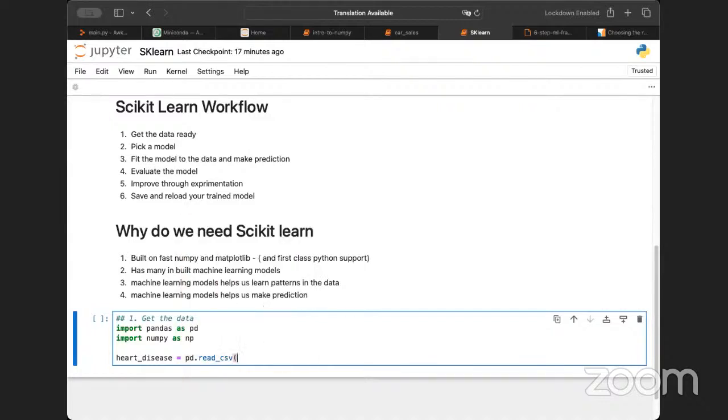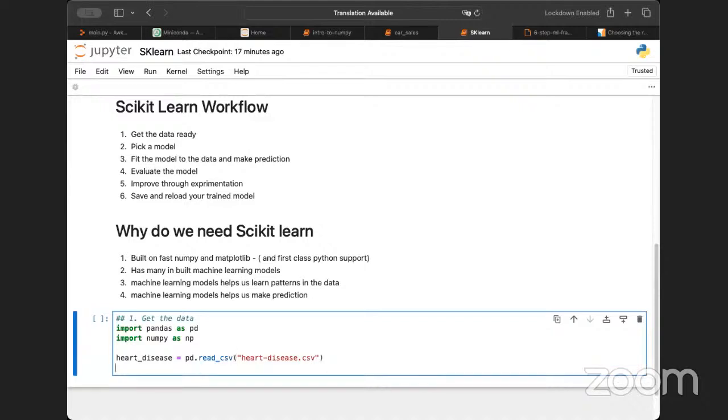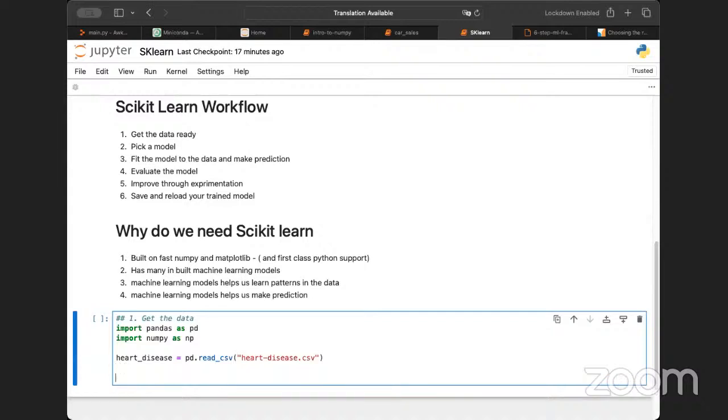Start typing, guys, when you think like this is how we get it. Okay. Heart disease. So we get our data as such. Now, create X, features matrix.